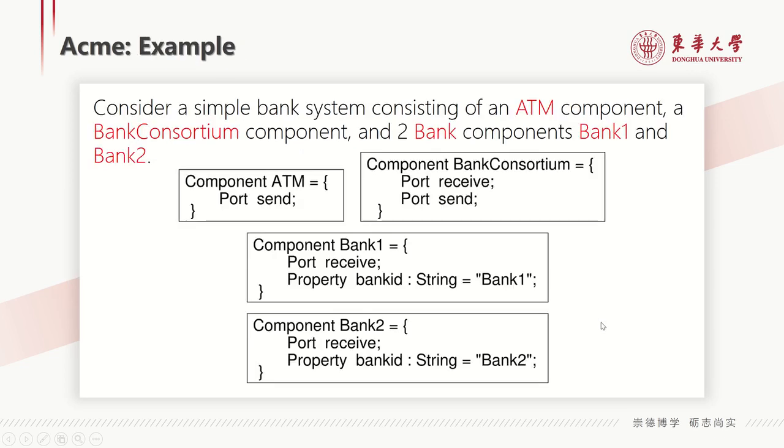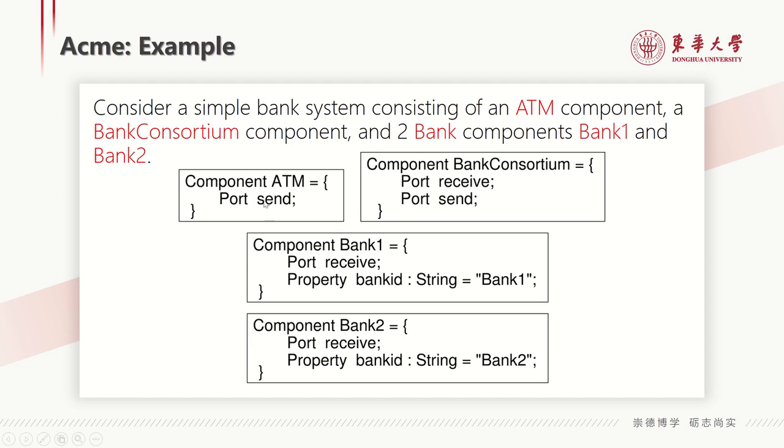Now we show an Acme example here. We consider a simple bank system consisting of an ATM component, a bank consortium component, and two bank components, Bank 1 and Bank 2. So how do we define these objects? We define it using the keyword component ATM.